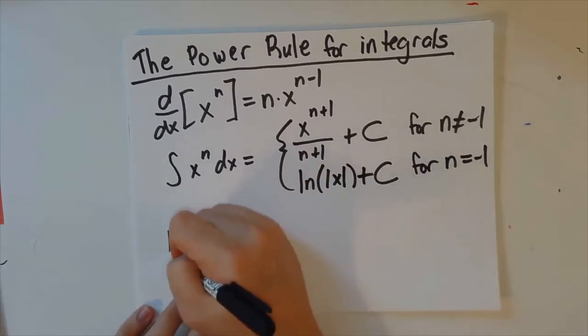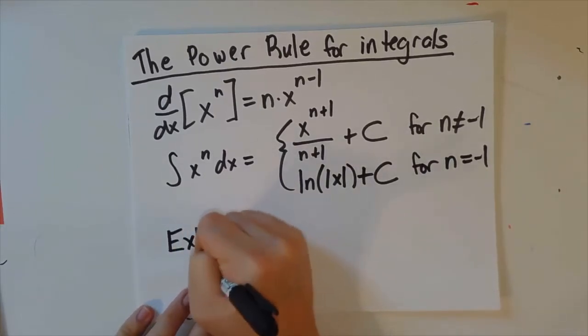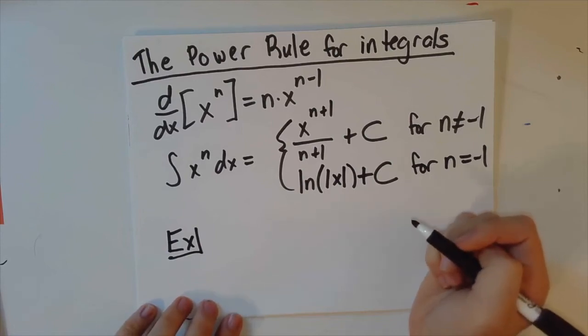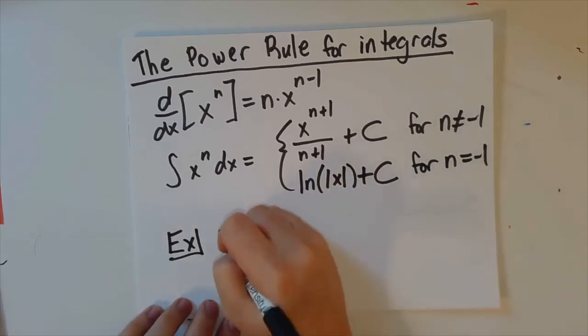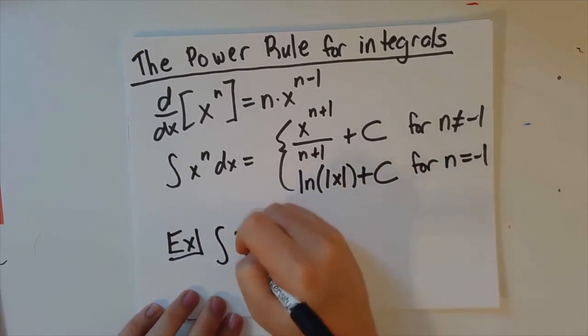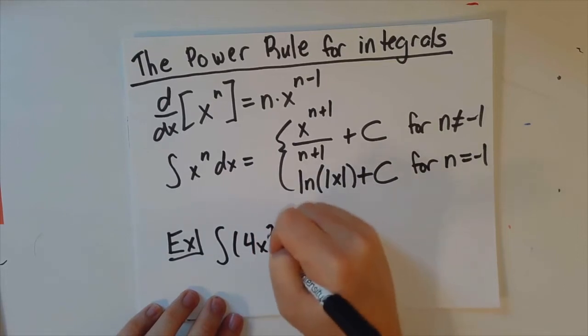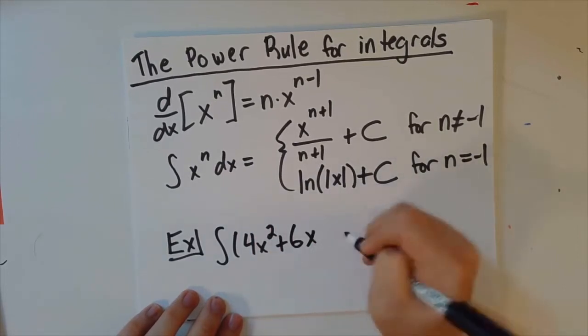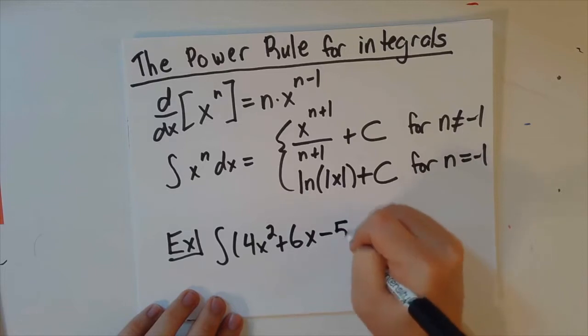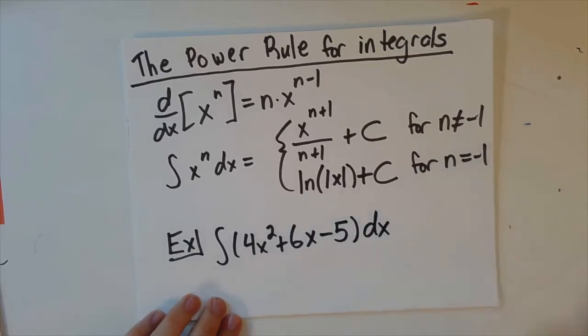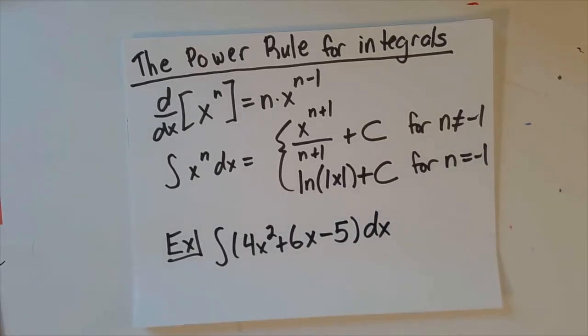Okay, so let's do some examples. So let's take the integral of 4x squared plus 6x minus 5. So just like derivatives, we can do this piece by piece.